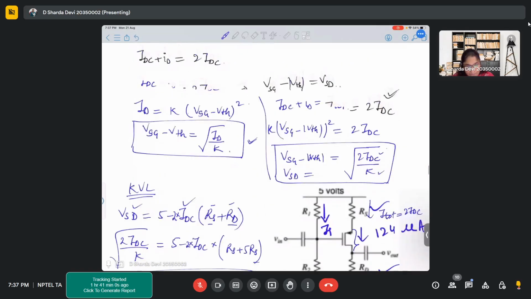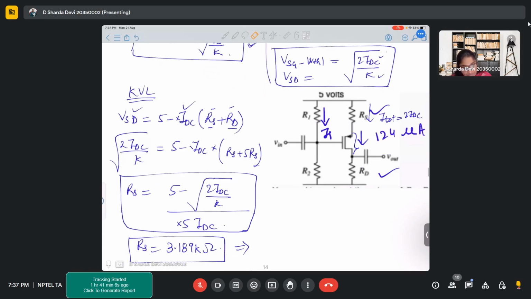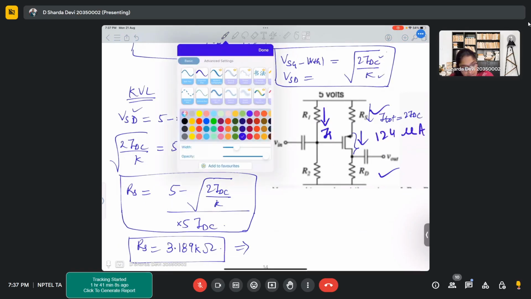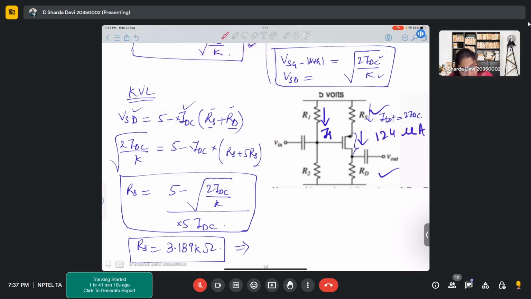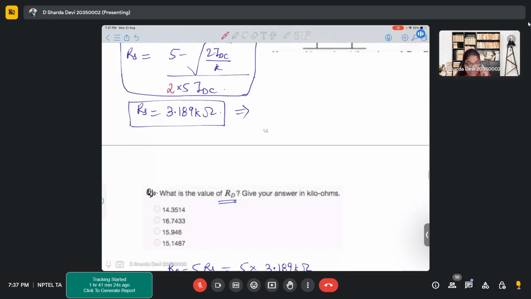This 2 is important. Let me highlight this. The reason for this 2 is the conditions that we have considered. Because of this 2 IDC, here also we will get 2 IDC, and that's why the RS that we are getting is 3.189.